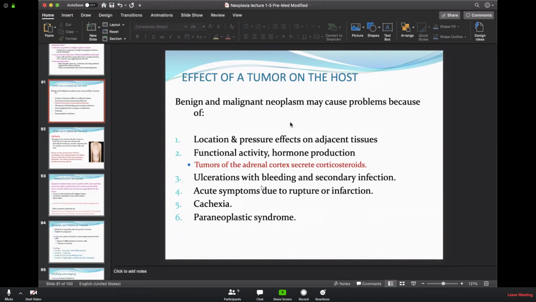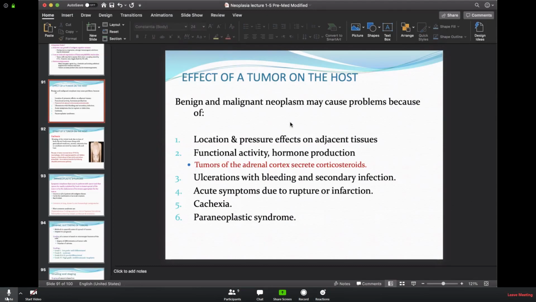Paraneoplastic syndrome. So what is paraneoplastic syndrome? It is a clinical syndrome defined by a set of clinical features that occur due to products secreted by the tumor, not related to direct pressure or mechanical effect or invasion by the tumor. The effect happens because the tumor cells are able to elaborate sometimes certain growth factors, certain hormone-like proteins, and these will have clinical effects.